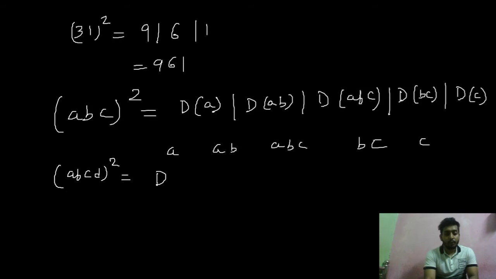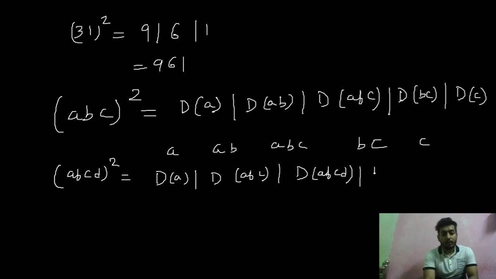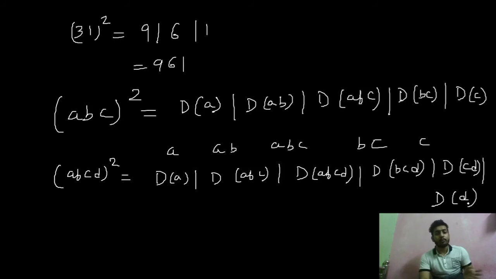That will be duplex of A slash duplex of A, B slash duplex of A, B, C slash duplex of A, B, C, D slash duplex of B, C, D slash duplex of C, D slash duplex of D. The formula may seem large or big, but it is a very easy way to calculate the square of any type of numbers.